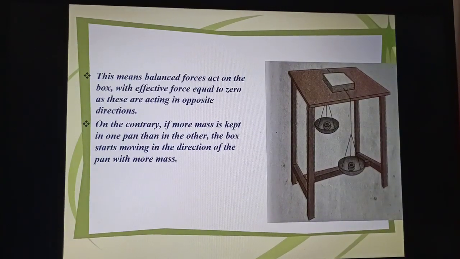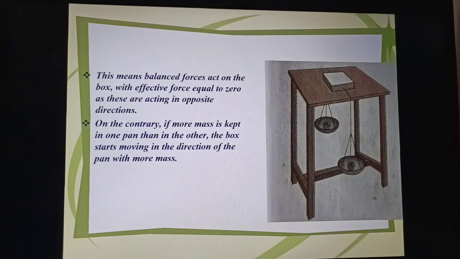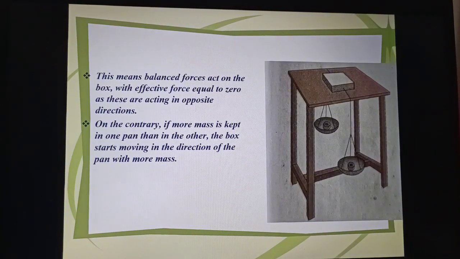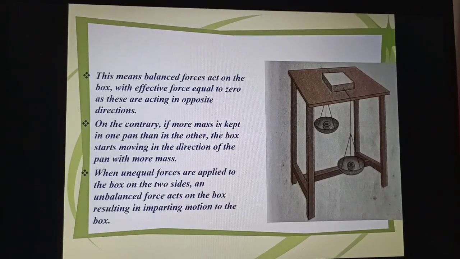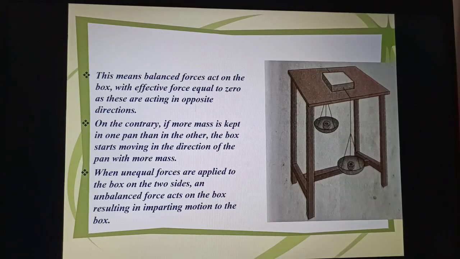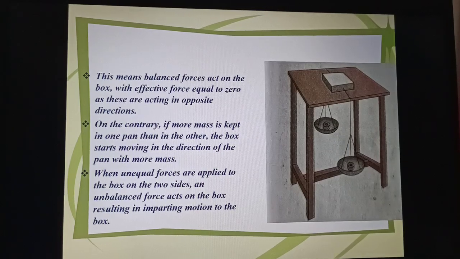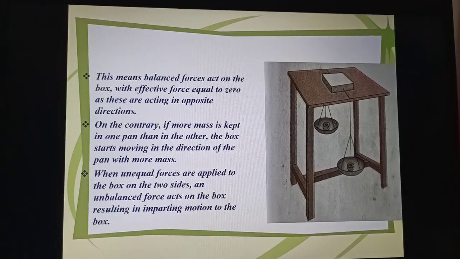On the contrary, if more mass is kept in one pan than in the other, the box starts moving in the direction of the pan with more mass. When unequal forces are applied to the box on the two sides, an unbalanced force acts on the box, imparting motion to the box.